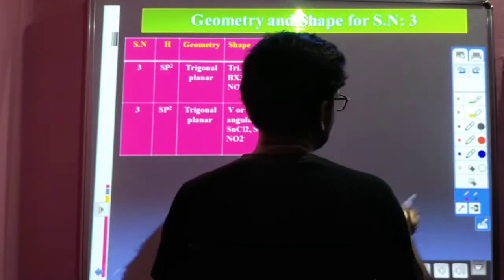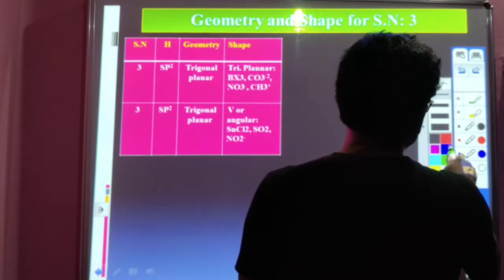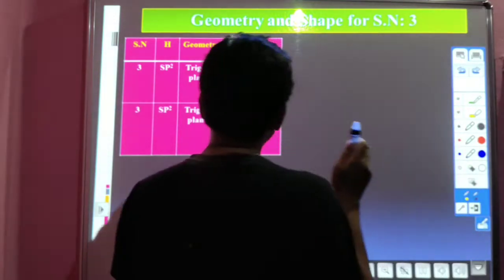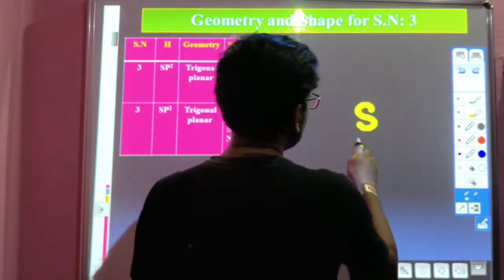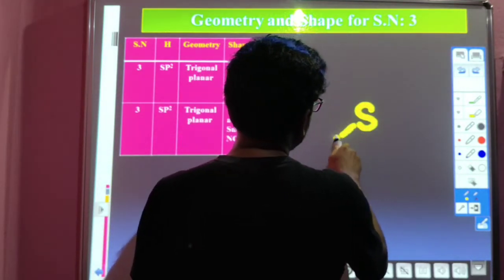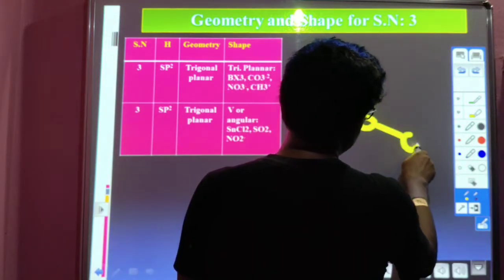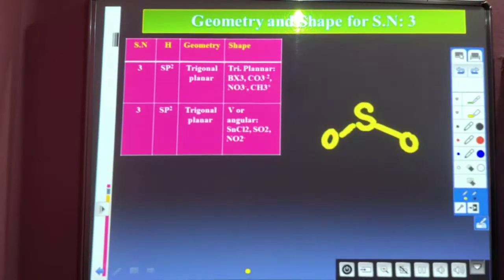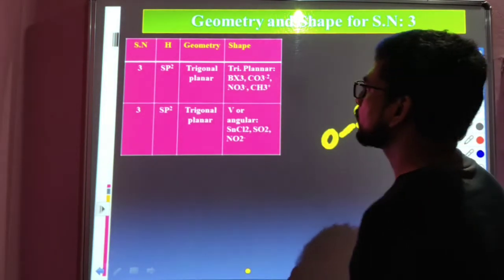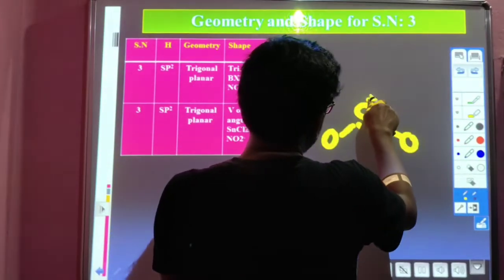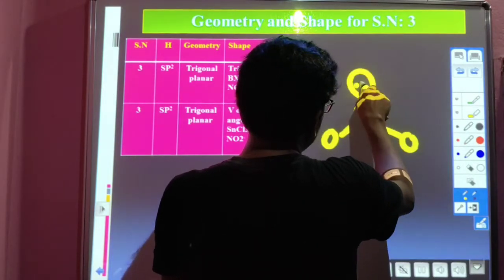Let me draw the shape and show you. While drawing the shape, don't bother about pi bond. Pi bond has no role to determine the shape. See, first you just put this lone pair of electrons.